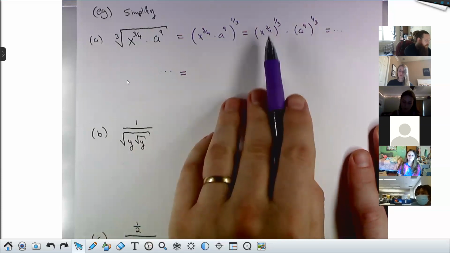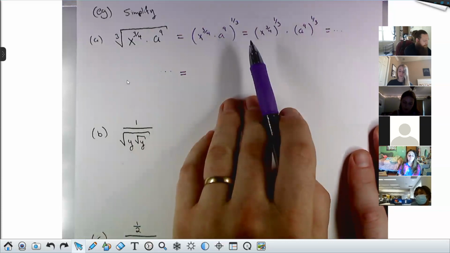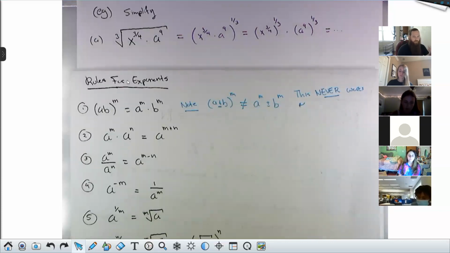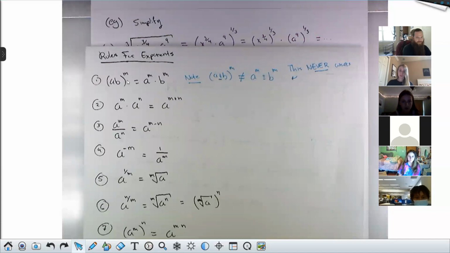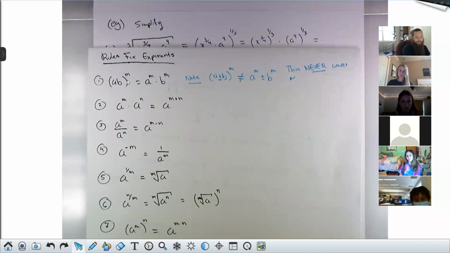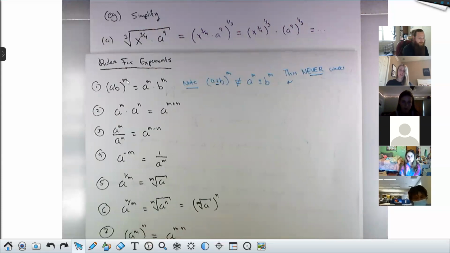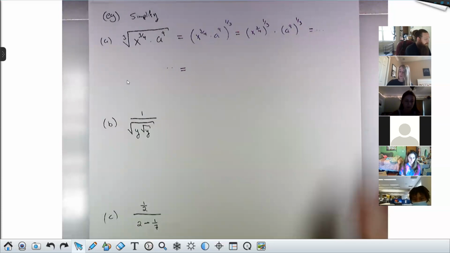So in the first piece, I have x to the 3/4, and that's all being raised to the 1/3. Which rule tells me what to do with that? The seventh rule? Yeah, very good. The last one, right? Those are each powers raised to powers.